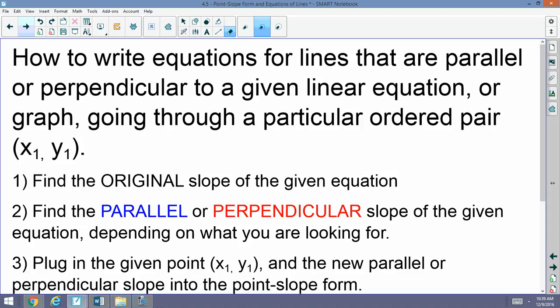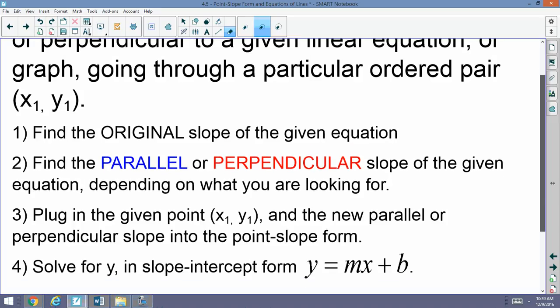We know that parallel lines have equal slopes, the same slope. And we know that perpendicular lines have slopes that are negative reciprocals of each other. Very good stuff here.